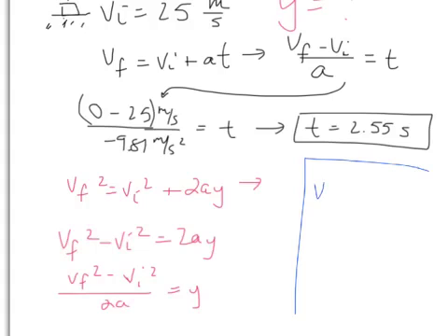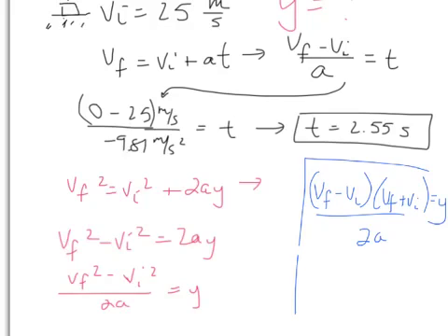The numerator could really become this, all over 2a is equal to y. So we have Vf plus Vi and Vf minus Vi all over 2a. You could factor it, but we're not going to be doing that. Okay? So we don't have to worry too much about that.